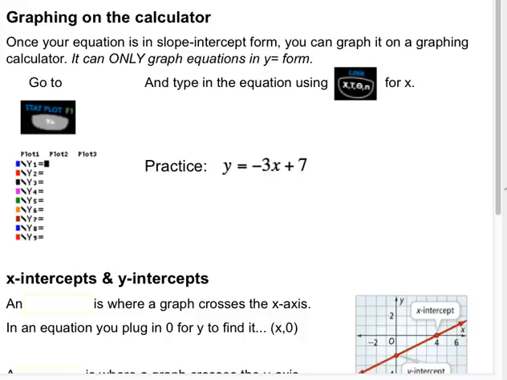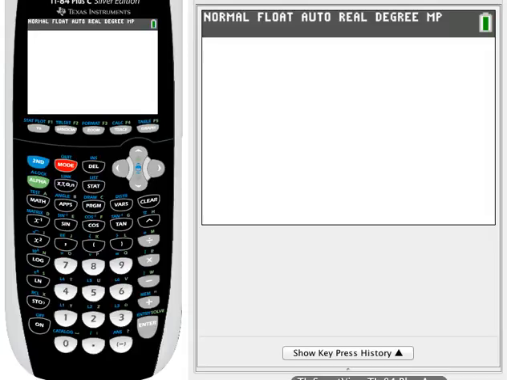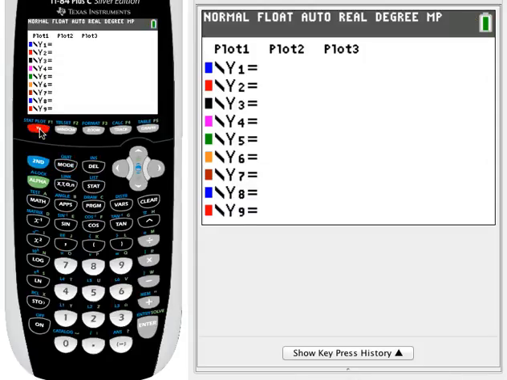So, graphing calculator. In order to graph on it, you need to go to y equals. So that button right there, that's now highlighted red because I just tapped it. That's where you go. And now notice all of them are in y equals already. Okay, so y equals, the example in your packet is -3x plus 7. So I need -3.